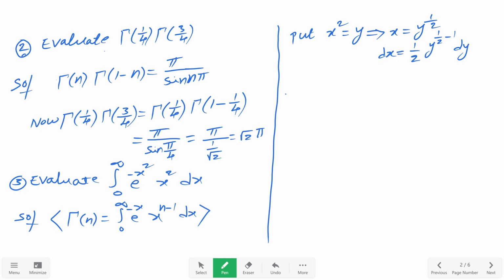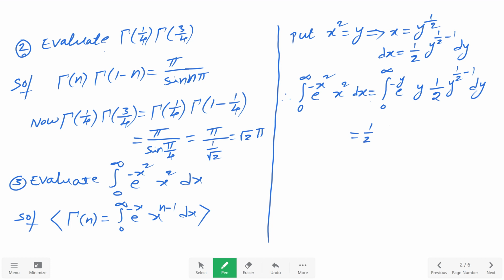Therefore, the given integral can be written as integral 0 to infinity e power minus x square into x square into dx. Now by putting these values, the given integral can be written as integral 0 to infinity e power minus y into y into 1 by 2 into y power 1 by 2 minus 1 into dy. Here 1 by 2 is a constant, keep it outside.